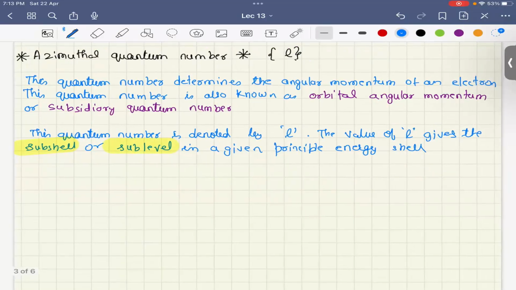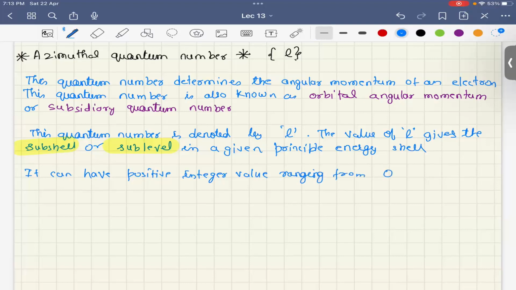It can have positive integer values ranging from 0 to n minus 1, where n is the principal quantum number, which we studied in the previous class.